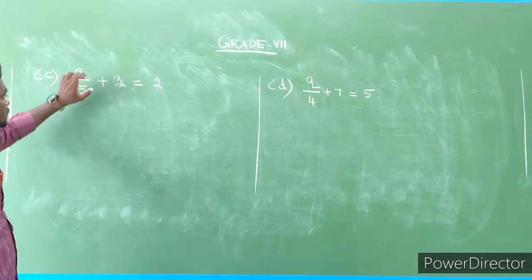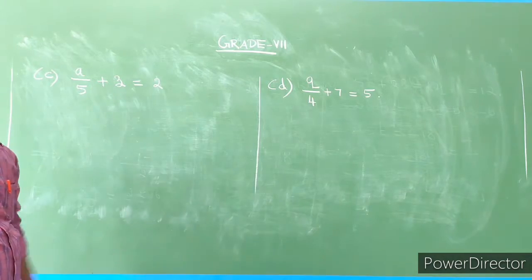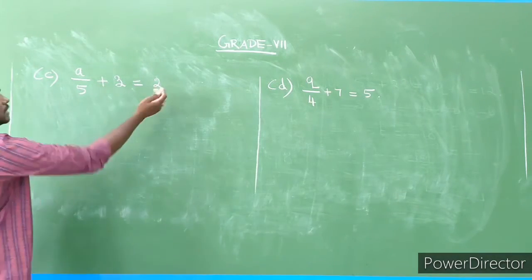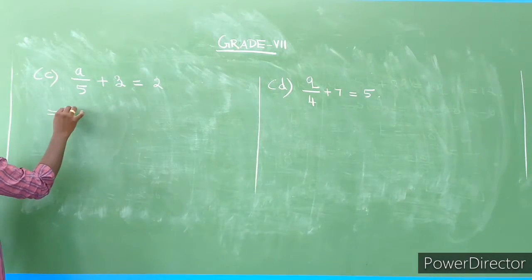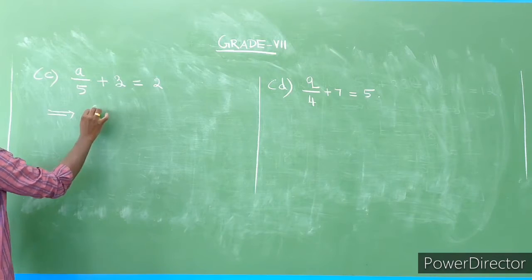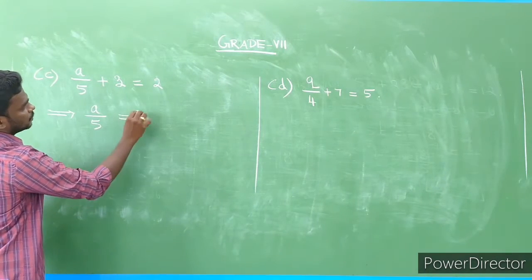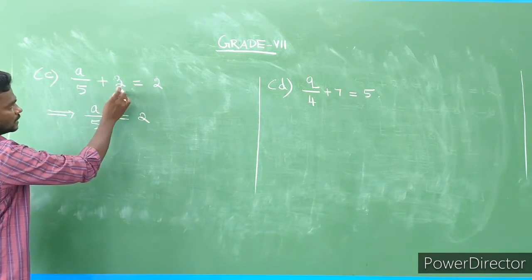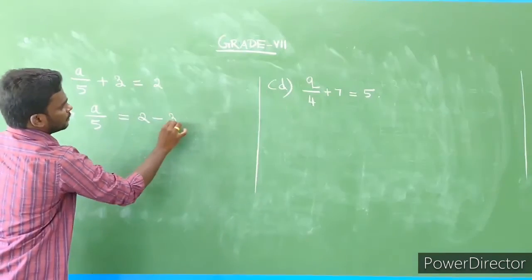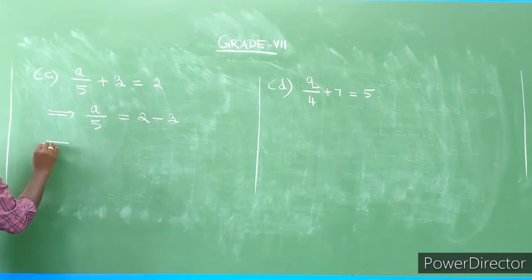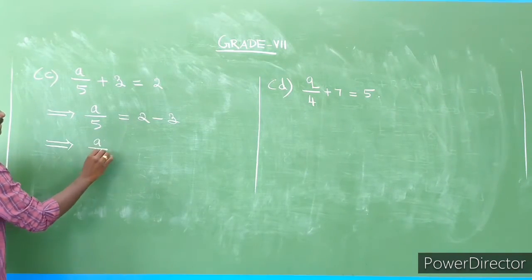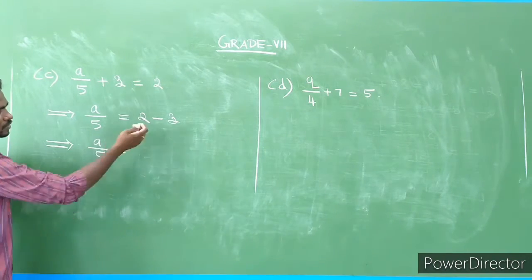Next our C question is a by 5 plus 3 is equal to 2. How to solve this? We keep the value a by 5 in the left side, which is equal to 2 in the right side, and this plus 3 is transposing to what is that? Minus 3. Implies that a by 5 is equal to, what is the value of 2 minus 3?